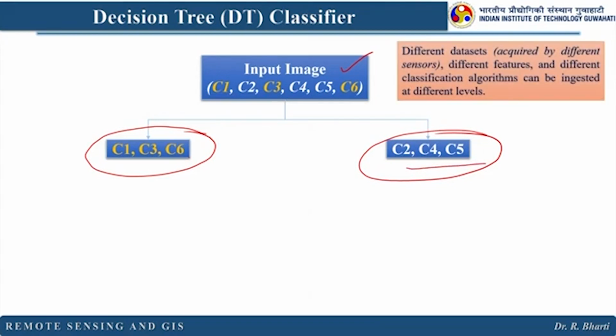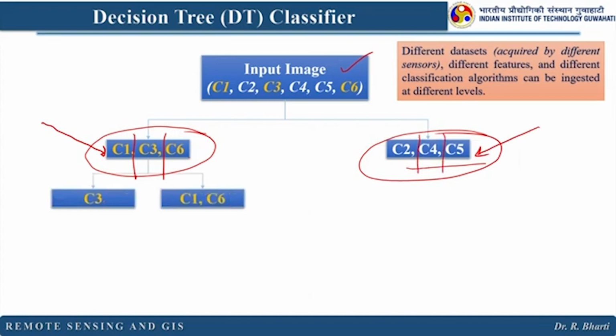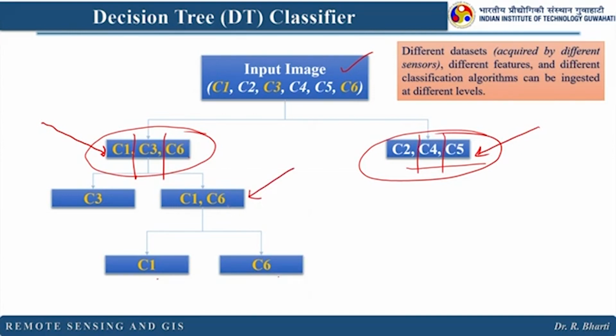Now, here what you can do, you can provide more input data, right, so that you will be able to segregate all these classes separately. Now, you can see further you have segregated C3 from C1 and C6. Here also C1 and C6 are segregated, to further subdivide this C1, C6 class in separate group, right. So, now we have C1, C6, C3 in separate output.